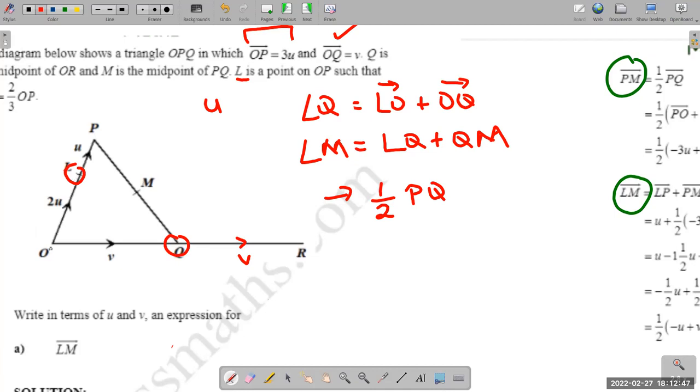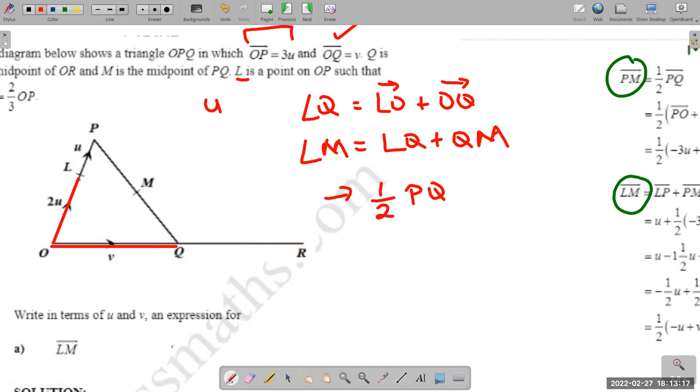Exactly. So instead of positive 2U, what is it going to be in return? It's going to be negative 2U. But looking at these specifics now, I want to make sure y'all understand the path that we're taking. So the first part was from L to Q. Let's do it step by step.